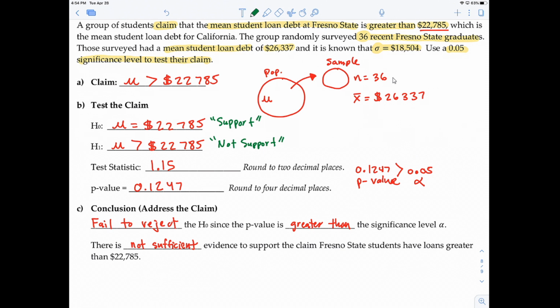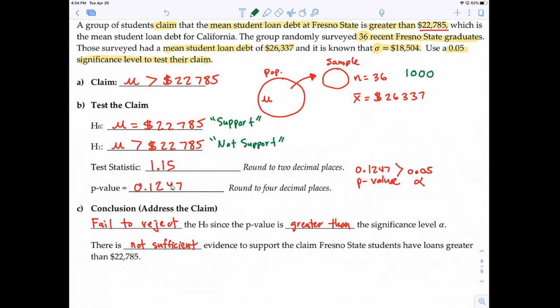The bigger the sample, the more it's going to affect the p-value. The second thing is the sample mean itself. For example, let's say this was our mean, which is higher than what we assume to be true, the 22,000. But instead of 36 students, let's say we sampled 1,000 students.